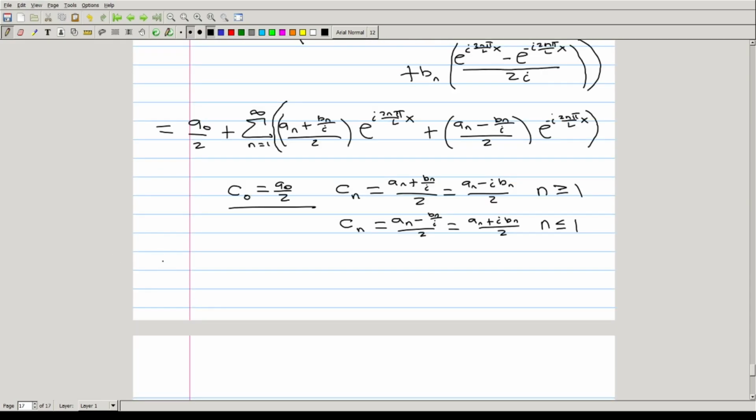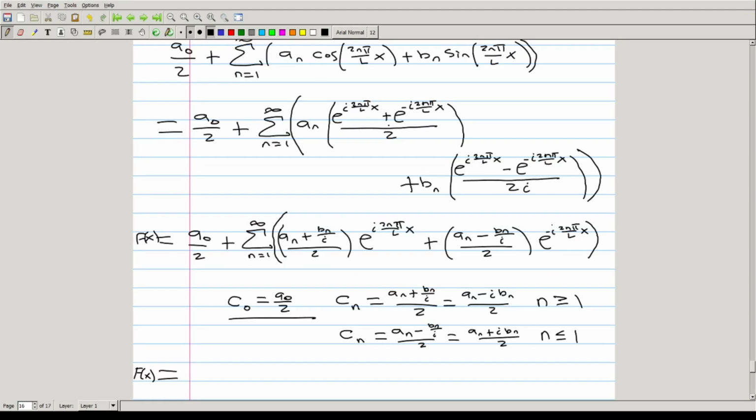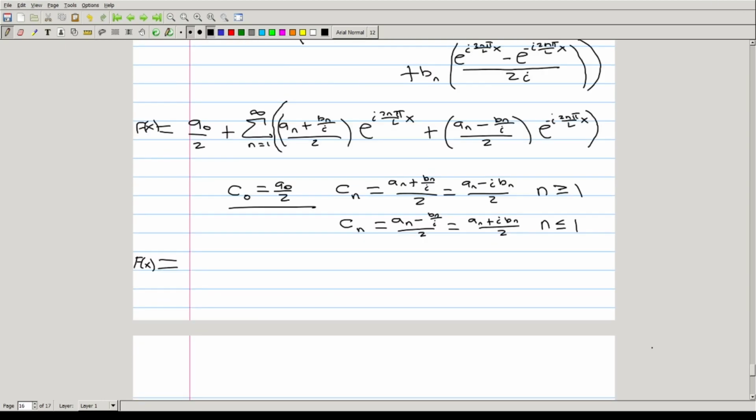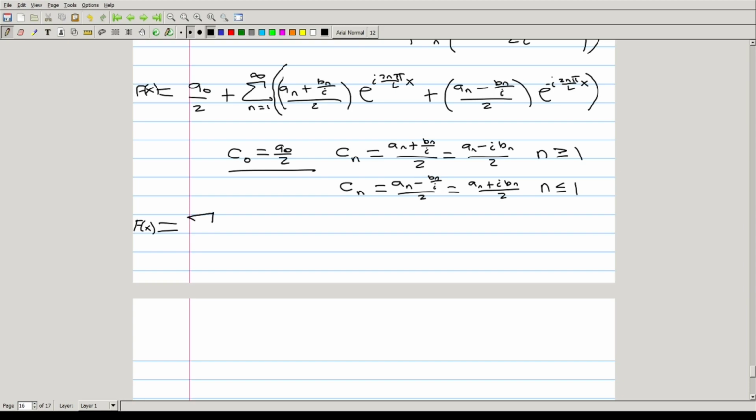The complex form of the Fourier series, f of x, can be expressed very, very simply as just the infinite summation from n equals negative infinity to positive infinity of c n times e to the i 2n pi over L times x.